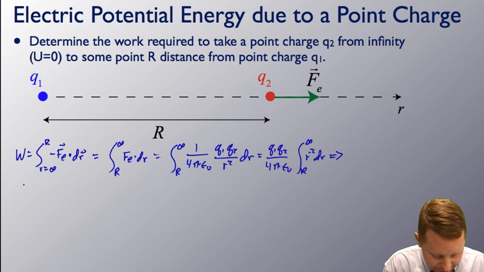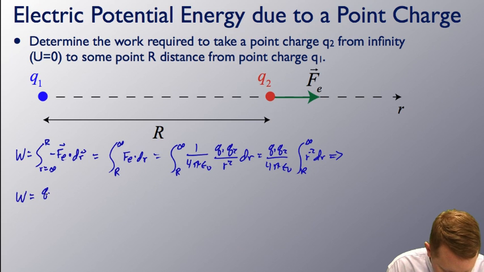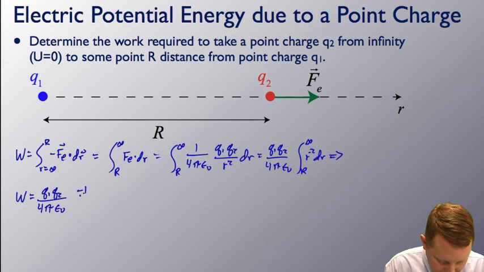So that implies then that the work we do is equal to, and we still have our Q1 Q2 over 4 pi epsilon naught times minus 1 over r evaluated from r to infinity.